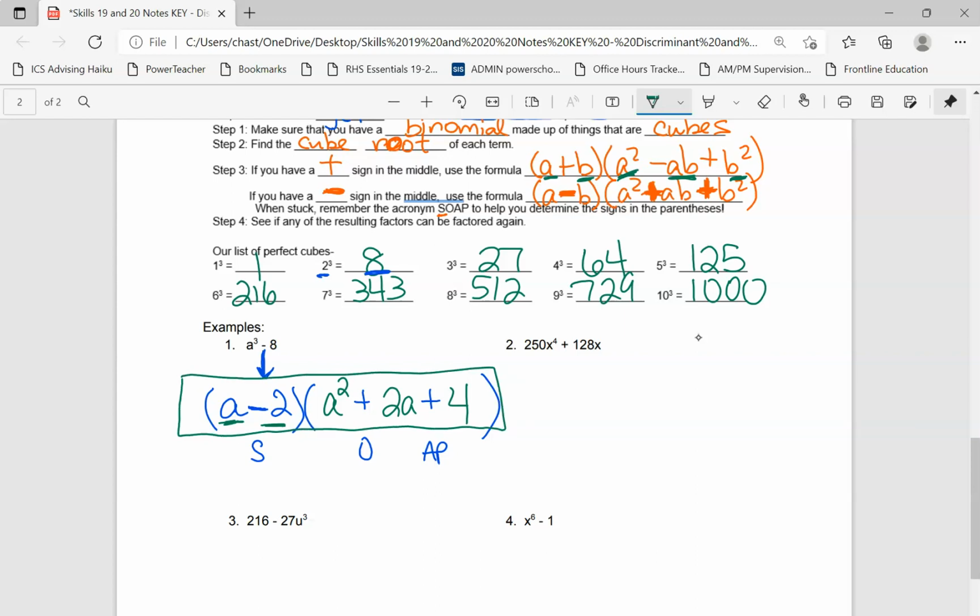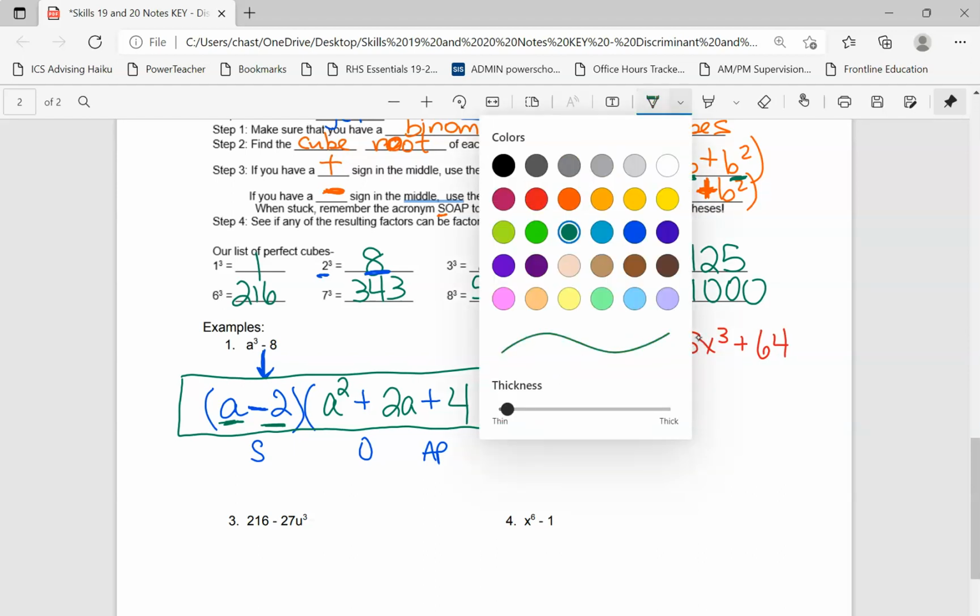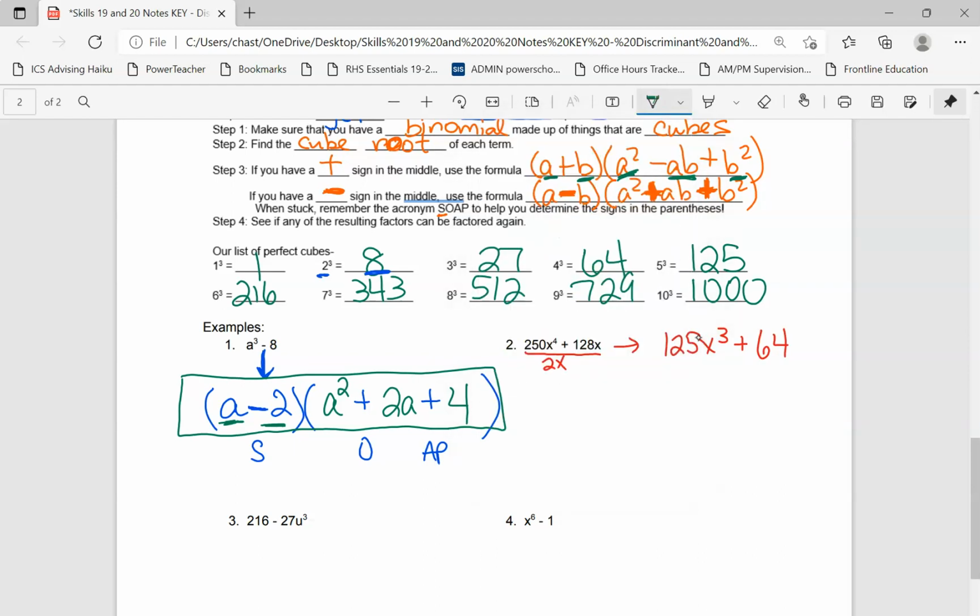And it's just going to take some practice. If I do the next one, we can divide those by 2x, it looks like. So that's going to give me 125x cubed plus 64. So when I factor that, again, I want to use the same sign as what we started with here.